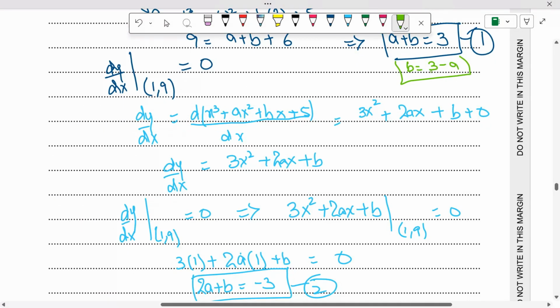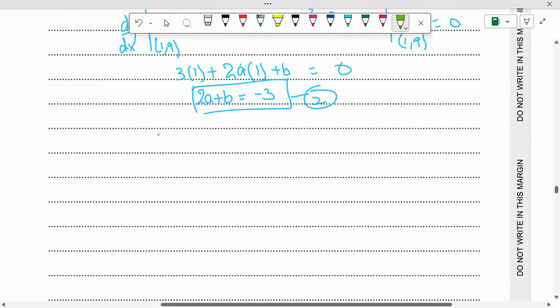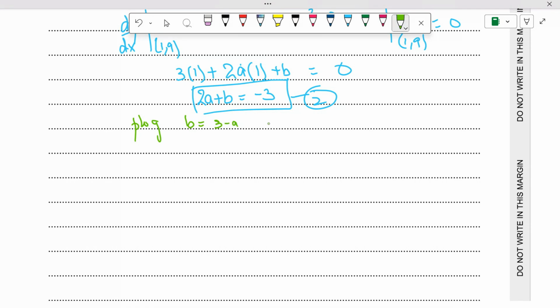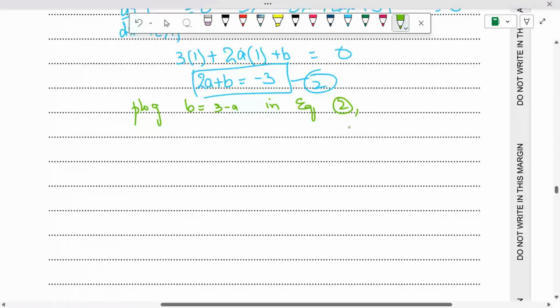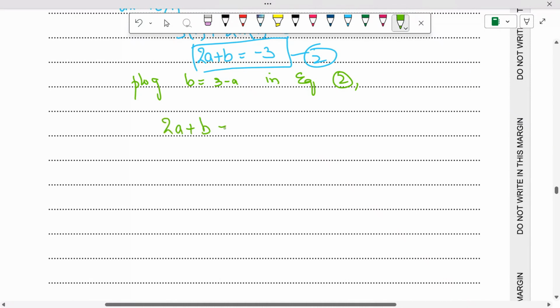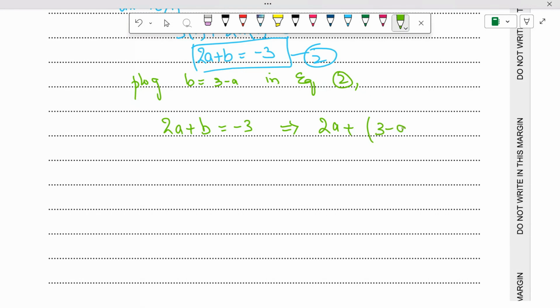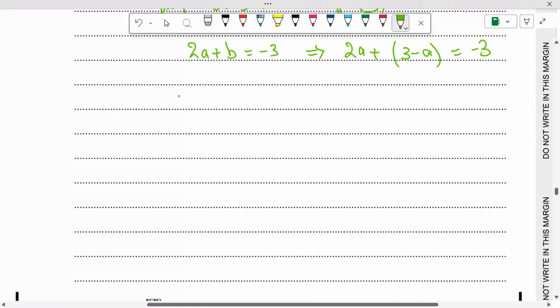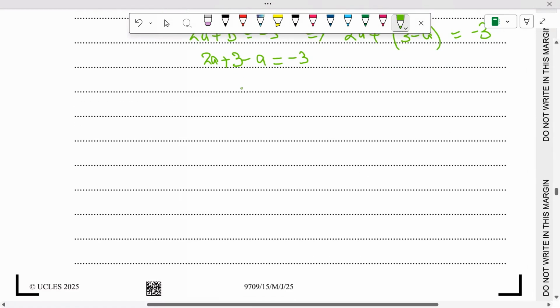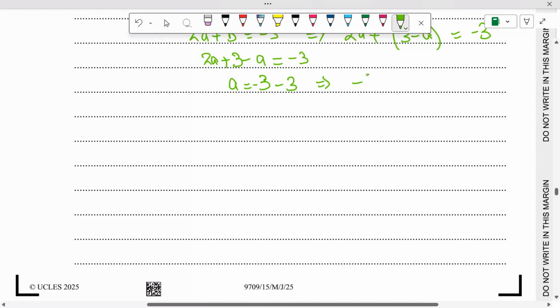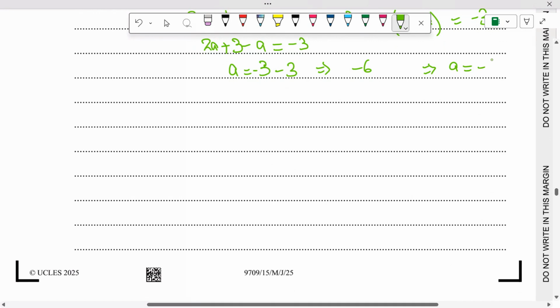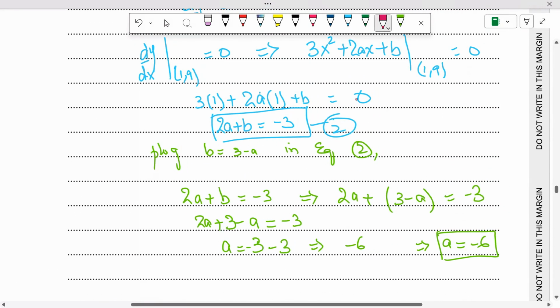Plugging b equals 3 minus a into equation 2, we have 2a plus b equals -3, which gives 2a plus 3 minus a equals -3. So a equals -3 minus 3, which equals -6. We have calculated the value of a, which is -6.